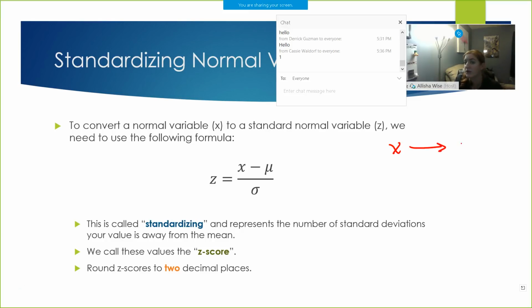So we want to convert it to a Z value. Because if it's a Z value, we know that the mean is 0, the standard deviation is 1, and it helps us to do calculations and such. So the formula isn't actually too bad to convert an X to a Z, or what we call standardizing.